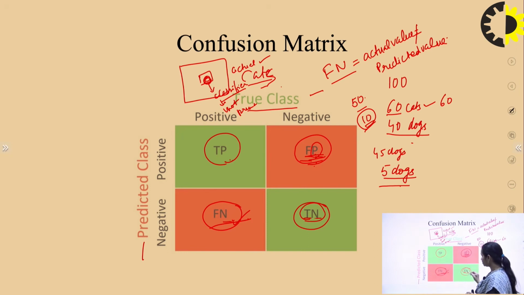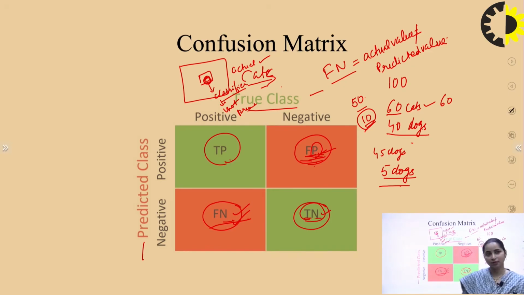Now we have to decide whether the class will lie in this or in this. Whether it is the false positive value or a true negative value. As per the predictor, it is negative, but it is not identifying it. So it may be false negative or it may be false positive.